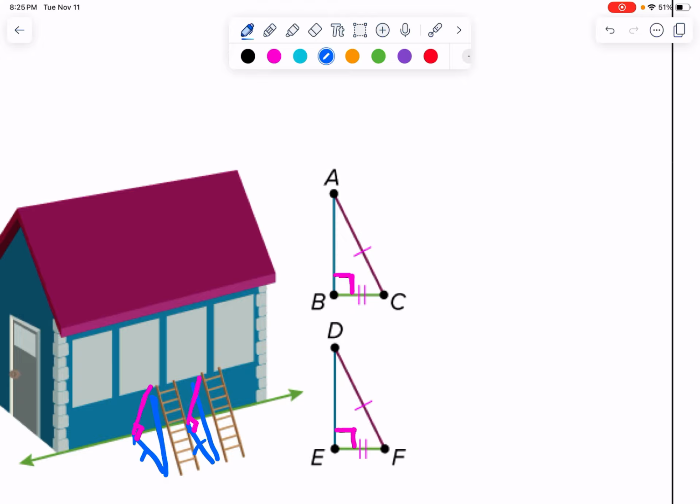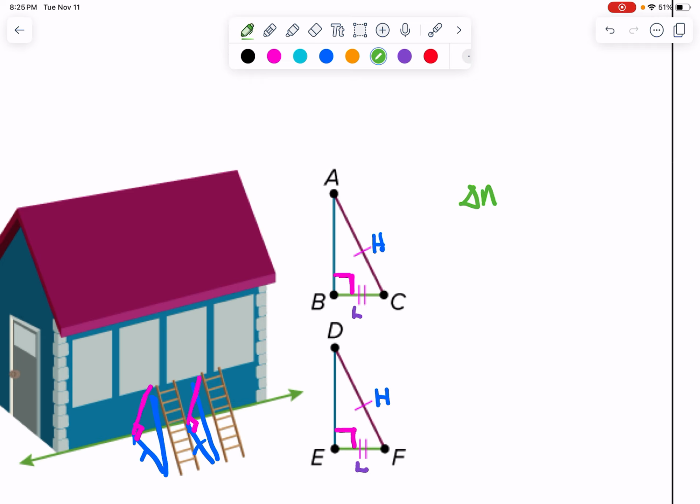AC is the hypotenuse of one triangle, and DF is the hypotenuse of the other, the ladders. The hypotenuse is congruent to the hypotenuse because they're the same distance away from the ground, from the house. The leg is congruent to the leg. So these two triangles are congruent.